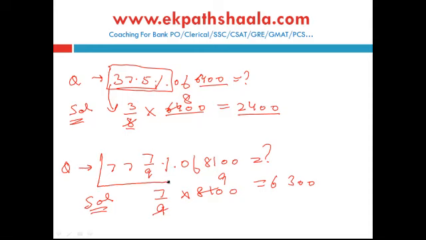If I knew the percentage equivalent for 7 by 9, then I could have simply replaced it by 7 by 9 and multiplied it with 8100. So 9 into 9 is 81, so 7 into 9 is 6300.